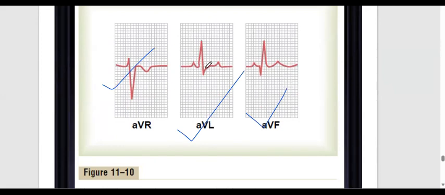This is P, Q, R, S, T, P, Q, R, S, T. So basically, in AVL, you will get the exact graph which you're able to see.